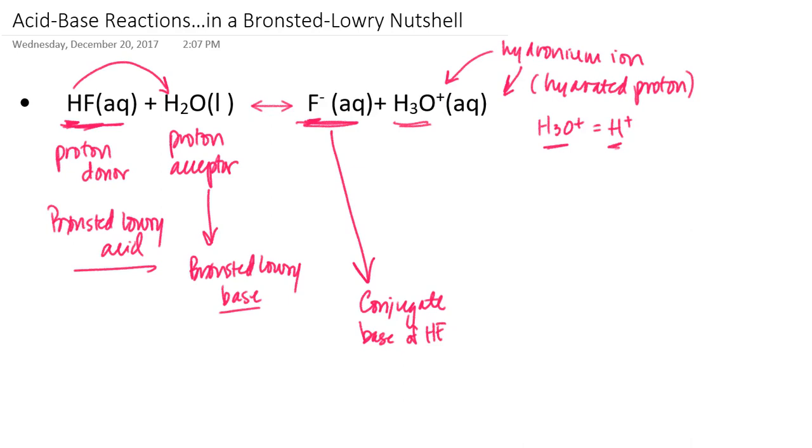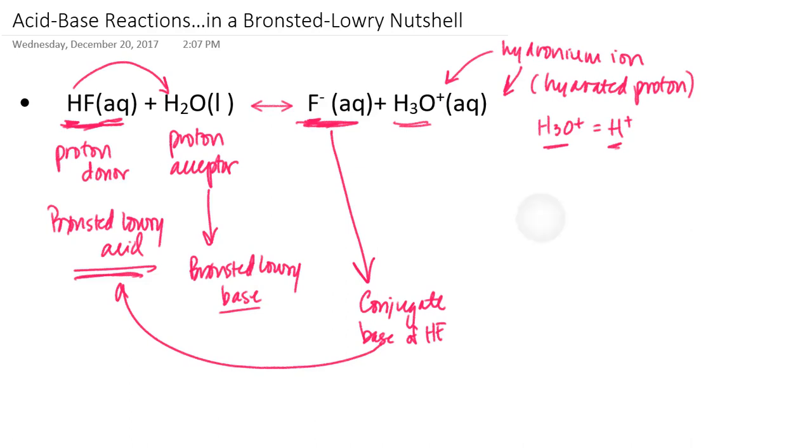of HF. Now again, HF, we know when it's in aqueous solution, is actually referred to as hydrofluoric acid. And so it should be of no surprise that hydrofluoric acid behaves as an acid. And now we know that after donation of the proton, the fluoride ion would be considered to be the conjugate base of hydrofluoric acid.